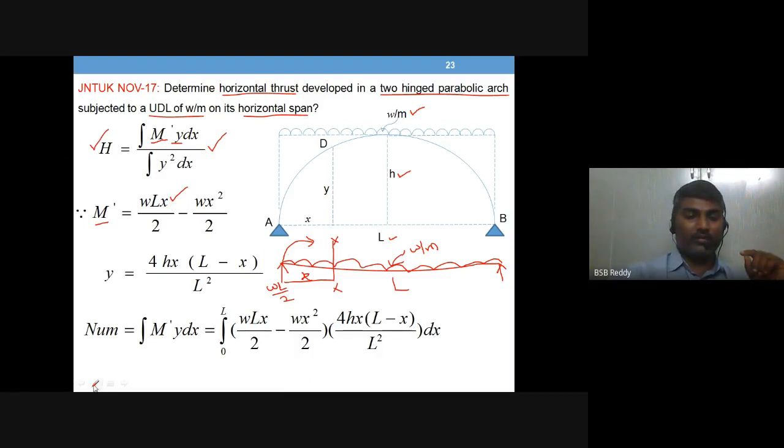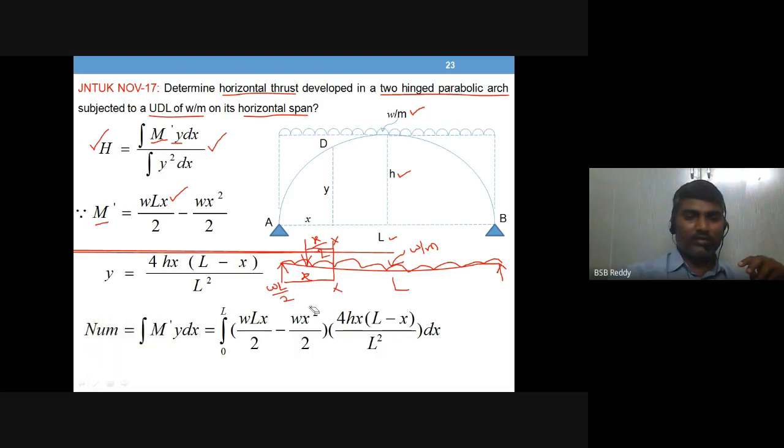Then what is the other load to be taken up? It is the UDL present to the left of the section. What is the load value? W, and the total load is W into X, which acts at the center, at X by 2.